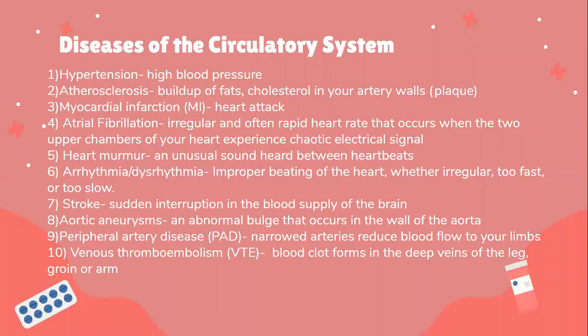I think one way is to place a pacemaker in your chest, and whenever your heart starts to beat unusually or stop or is super irregular, your pacemaker will sense that and send electrical shocks to your heart to make it a regular beat, which is kind of cool. It sounds scary, but I once knew someone who had a pacemaker, and they said it was pretty smooth sailing. Heart murmur is an unusual sound heard between heartbeats.